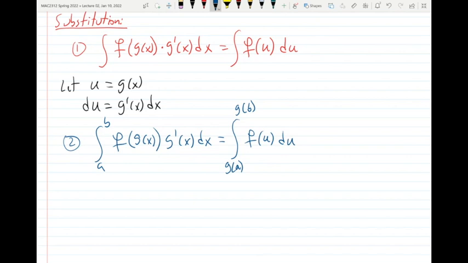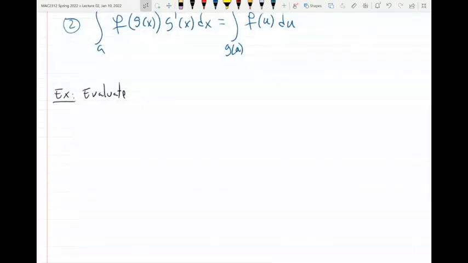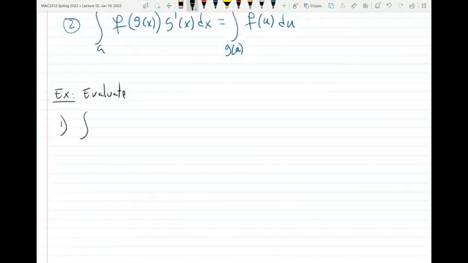So let's see, how about the following? So evaluate the integral from 0 to 1 of x square root of 1 minus x squared dx.